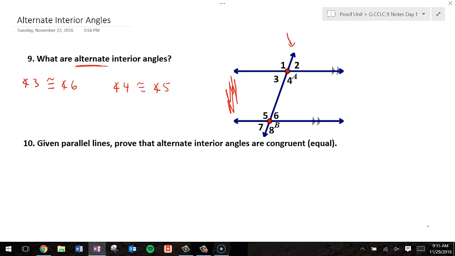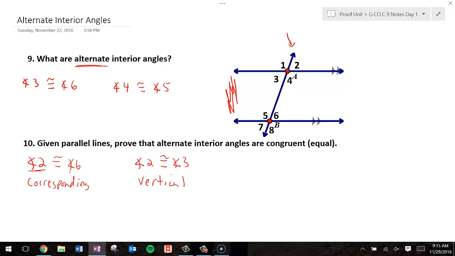In order to show that these are, in fact, sets of congruent angles, let's take a look at some stuff that we already know. So we know that angle 2 is congruent to angle 6 because they are corresponding, what we just talked about. We also know that angles 2 and 3 are vertical angles, so those would be congruent. Okay?